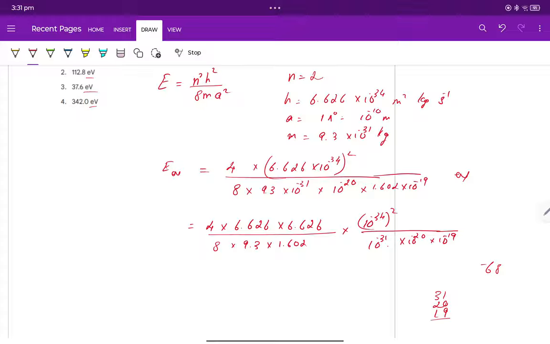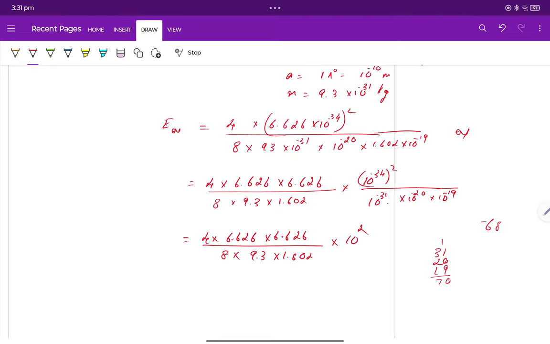So that will be 9 plus 1, 10, 1, 4, 2, 6, 7. So this will be 10 to the power of minus 70. Minus minus, it will be 10 to the power of 2. So it will be 4 into 6.626 into 6.626 divided by 8 into 9.3 into 1.602 into 10 to the power of 2.